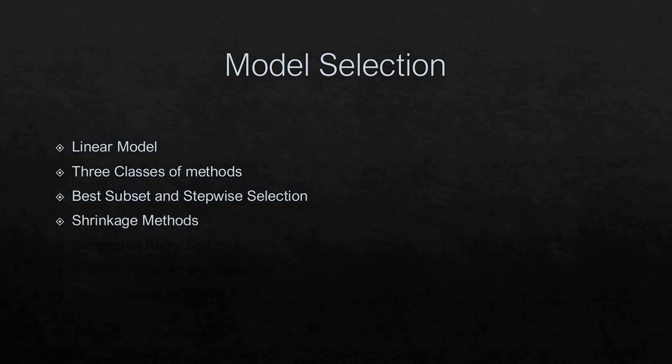Then moving right along to the shrinkage methods. In ridge regression, it optimizes the problem where the tuning parameter controls the shrinkage level, with cross-validation used to choose the best value.